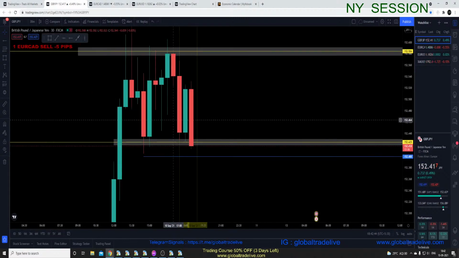So I really need some volume to push the price down. The market is creating lower lows and lower highs. Okay, about to break the low. Broke the low over here.